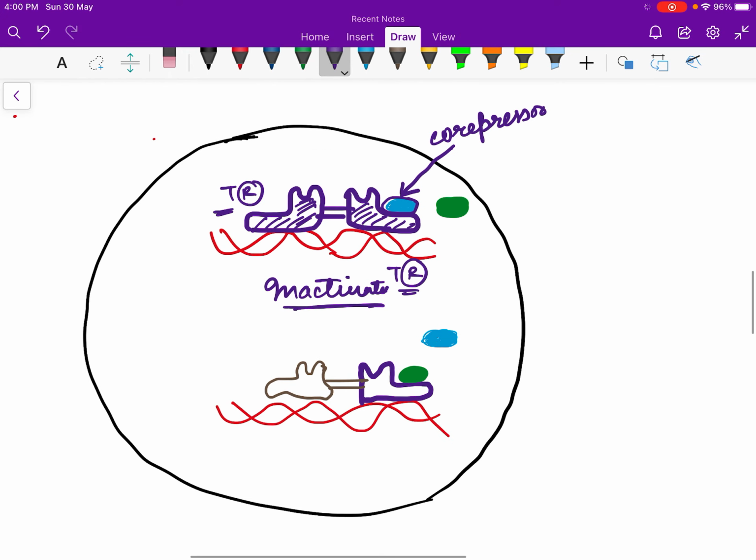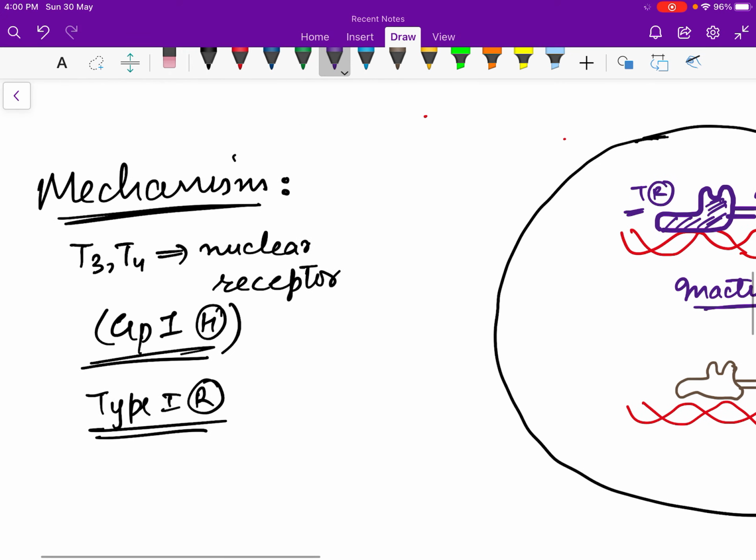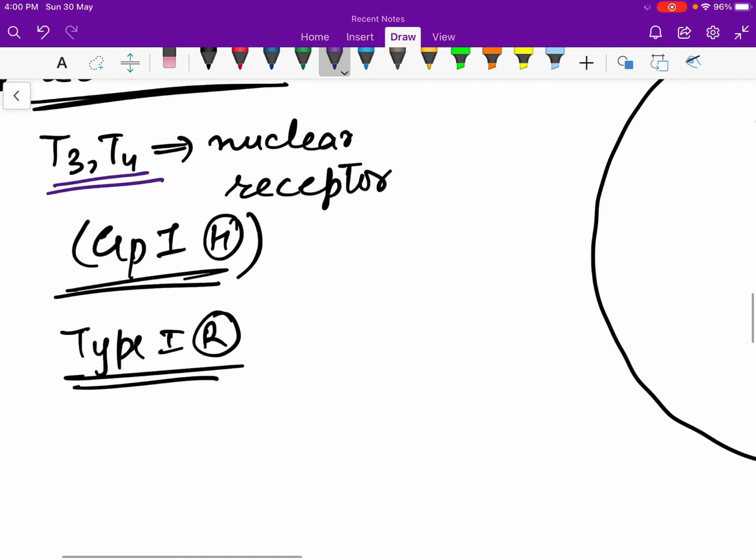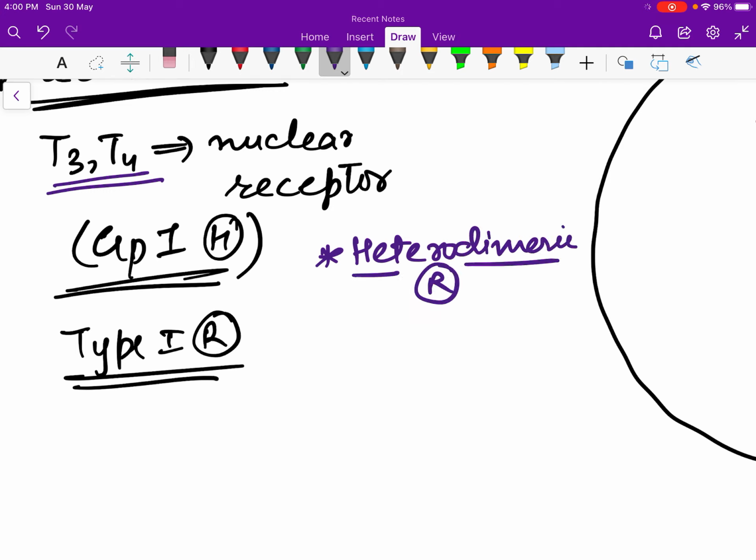Now the thyroid hormone receptor is an example of a heterodimeric receptor. What is meant by heterodimeric receptor? It means in active form, this thyroid hormone receptor combines with a receptor of a different kind.